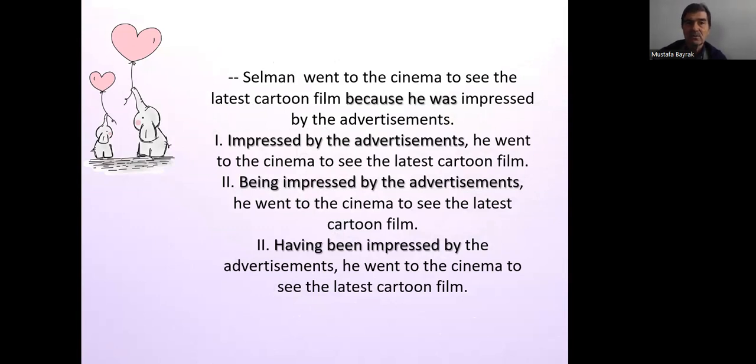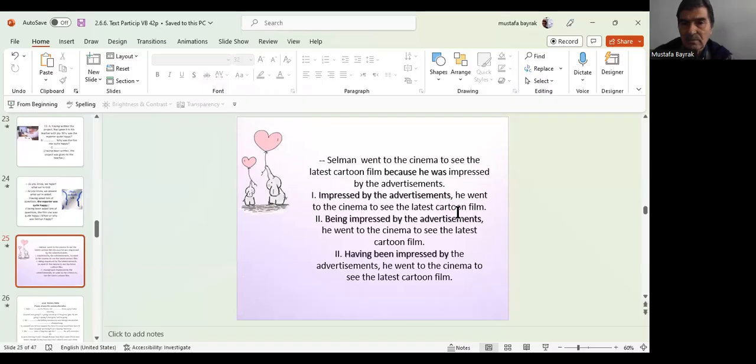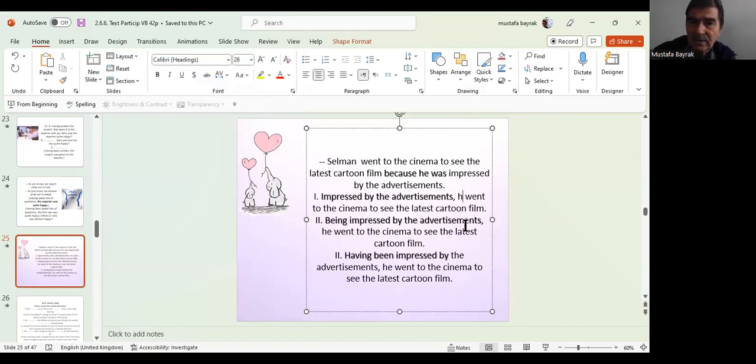Okay. Roman number one, impressed by the advertisements, Selman went to the cinema to see the latest cartoon film. So we should put, who he was here. Yes, instead of he, yes, Selman.